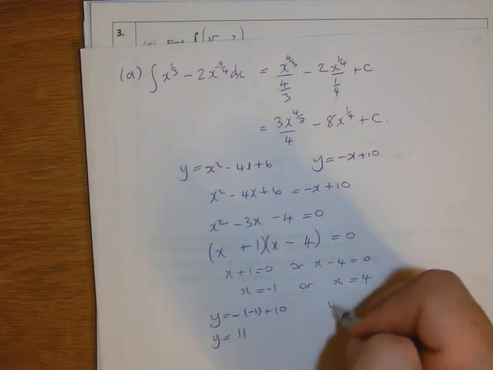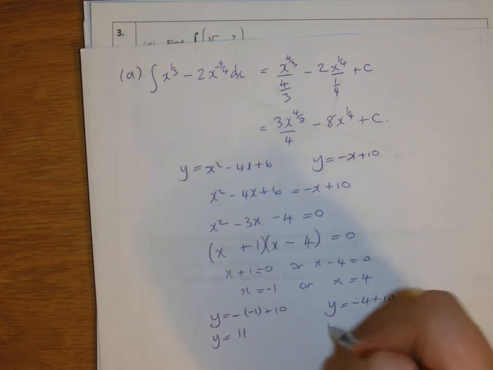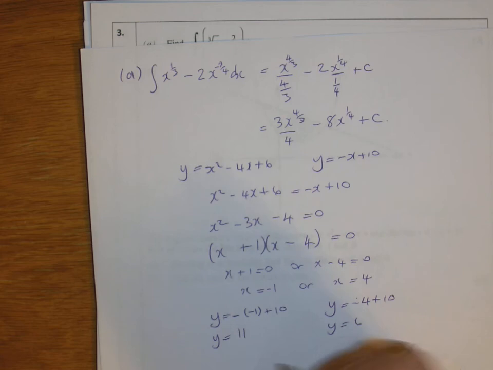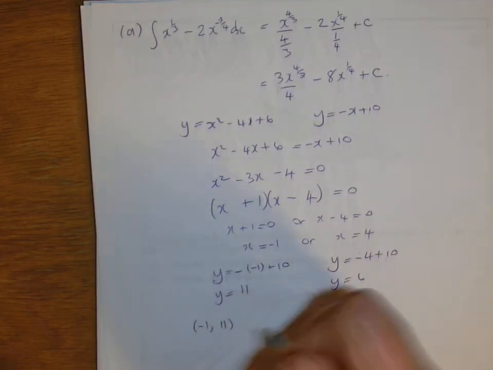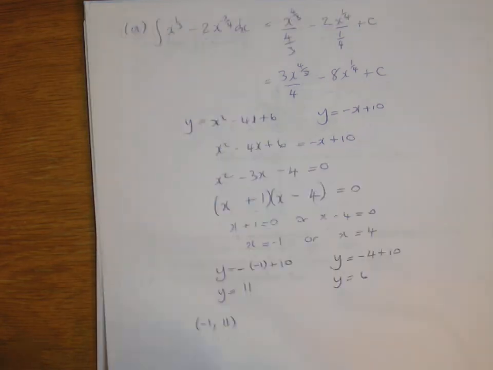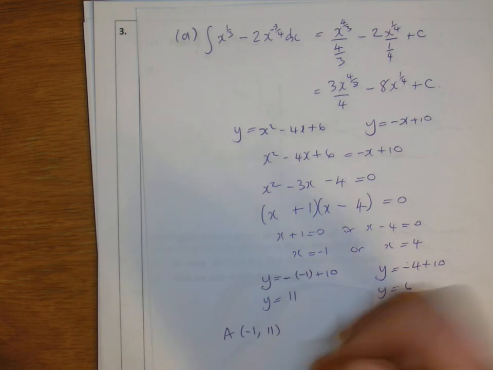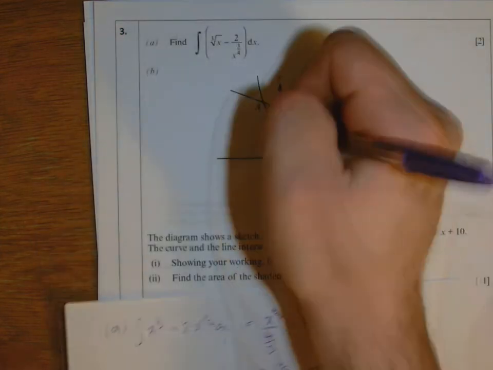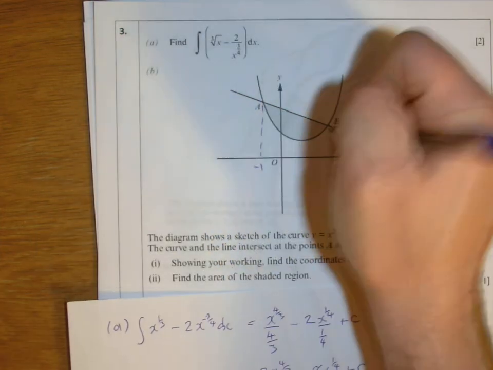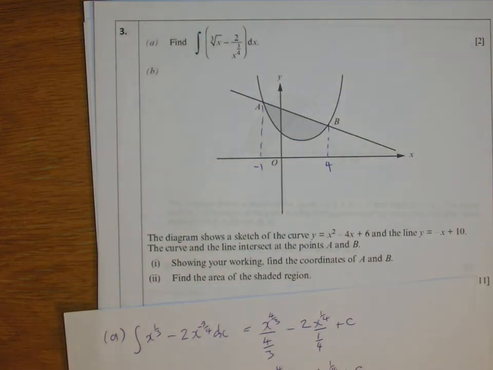And then when x is 4, you have minus 4 plus 10, so y will equal 6. So you've got minus 1, 11, which would be A, of course a negative value for x, and then B would be 4, 6. Going back to my diagram, this is minus 1 here, and then you've got your 4 here. The x values are so important when it comes to the area.